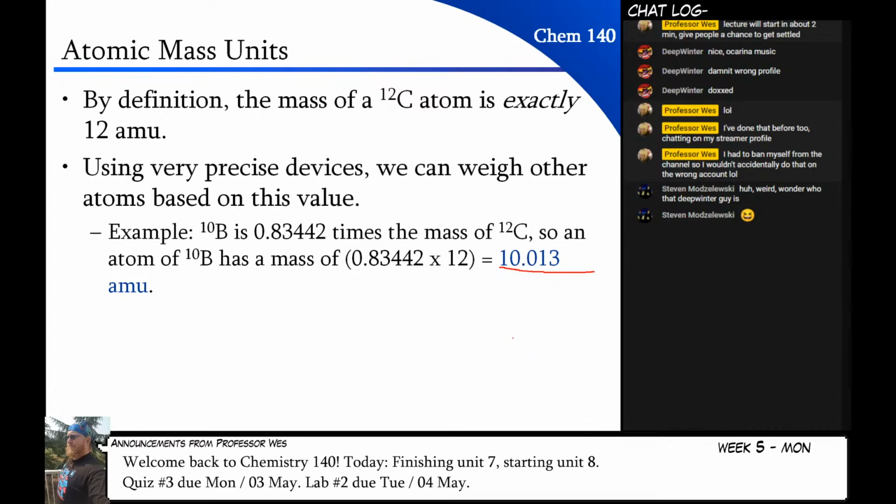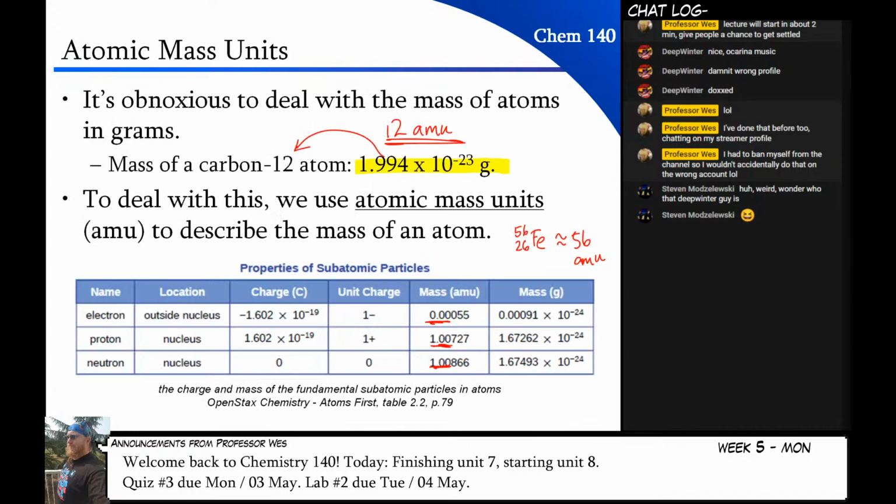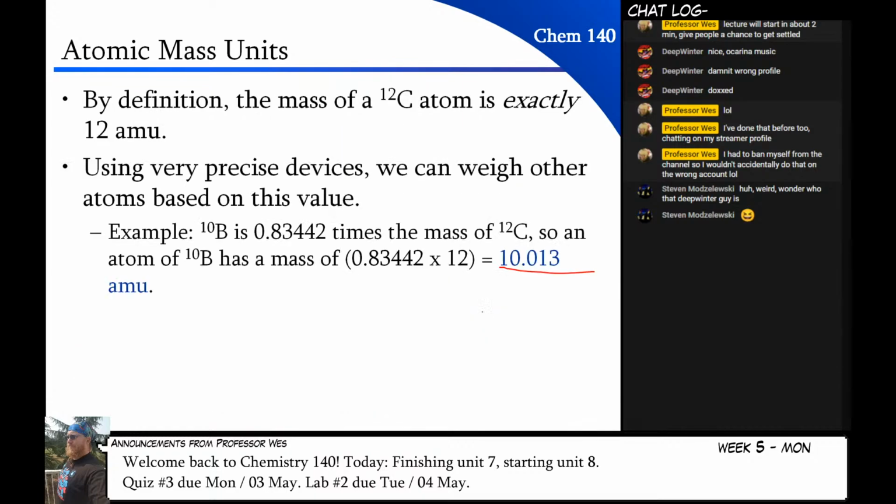It's close to 10 AMU, but those extra numbers that were here on the table throw it off just a little bit. They make it a little bit too large if my atoms are small, and they make it a little bit too small if my atoms are bigger than carbon-12. So this is where isotopic masses come from.